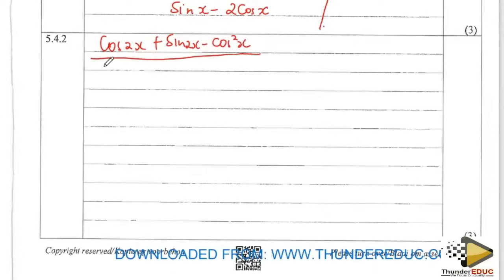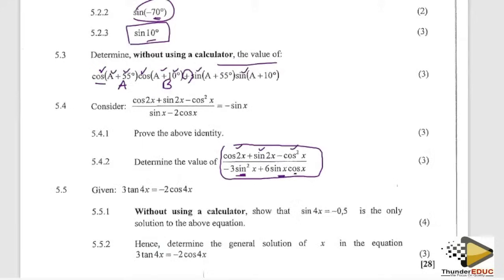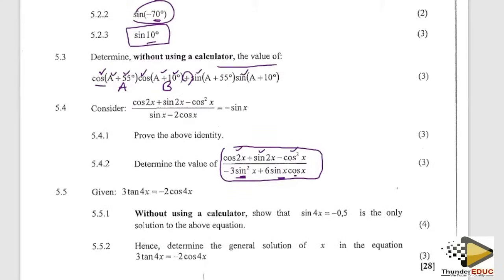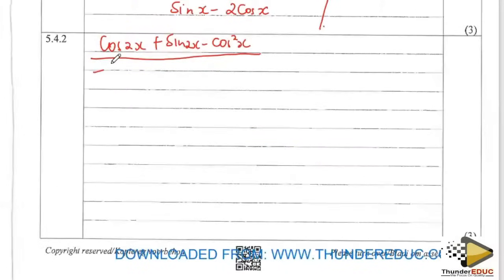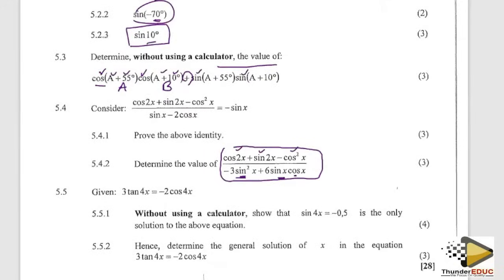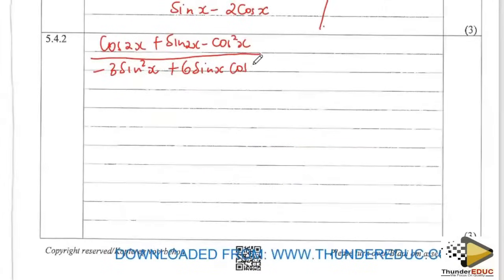And then we're dividing it by, remember it was negative 3 sine squared x plus a 6 sine x plus x. Okay, so let me try to create the original. So I'm going to have cos 2x plus the sine 2x. I'm not going to expand anything. I'm just going to reduce it.